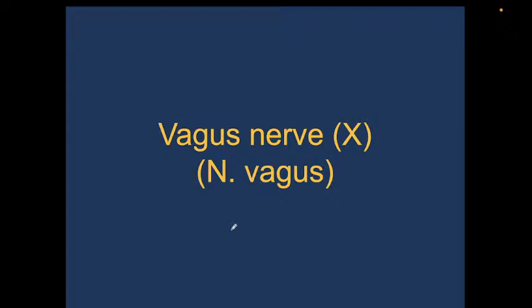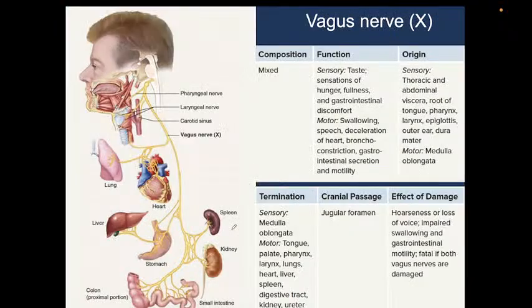The longest and maybe the most important cranial nerve is called the vagus nerve. That is cranial nerve number 10. Why is this nerve so important? First of all, the vagus nerve has a variety of functions.